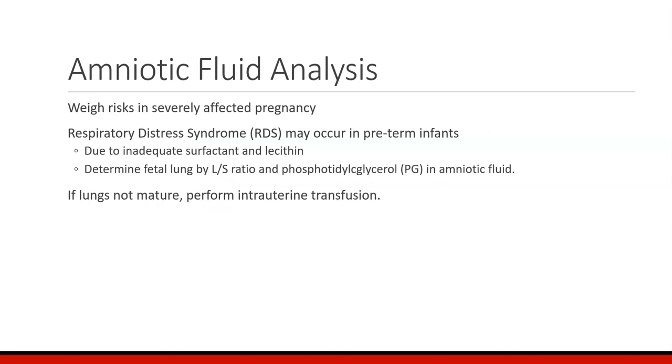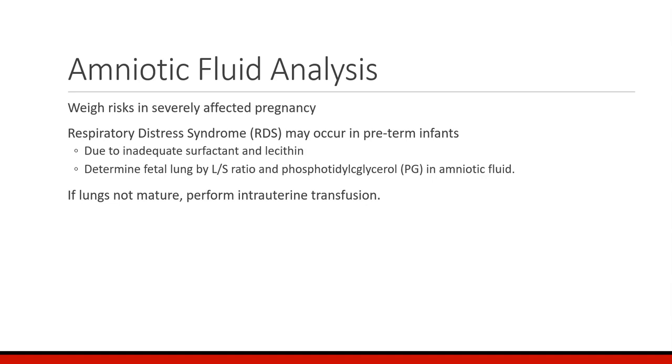So analyzing the amniotic fluid allows the physician to determine and weigh the risk in a severely affected pregnancy. Respiratory distress syndrome is a real concern in preterm infants, and this is due to inadequate surfactant and lecithin levels. Remember, those are what, when we breathe in and then breathe out, let our lungs kind of go together, and without sufficient surfactant and lecithin, they stay stuck.